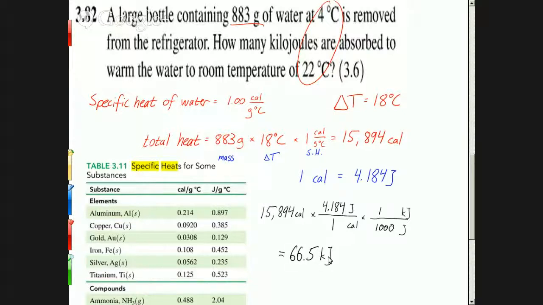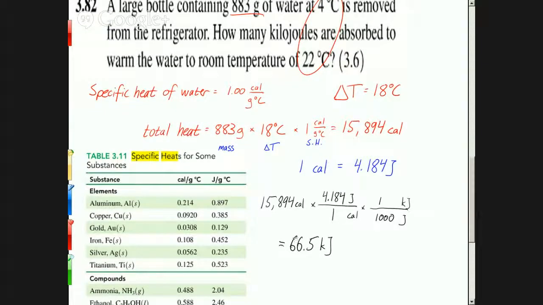Is that right? What did you get? Looks about right, because we're multiplying this by 4 and then dividing by 1,000, thereabouts. So that's the answer here, right? That's how much energy is absorbed by that water warming to room temperature.